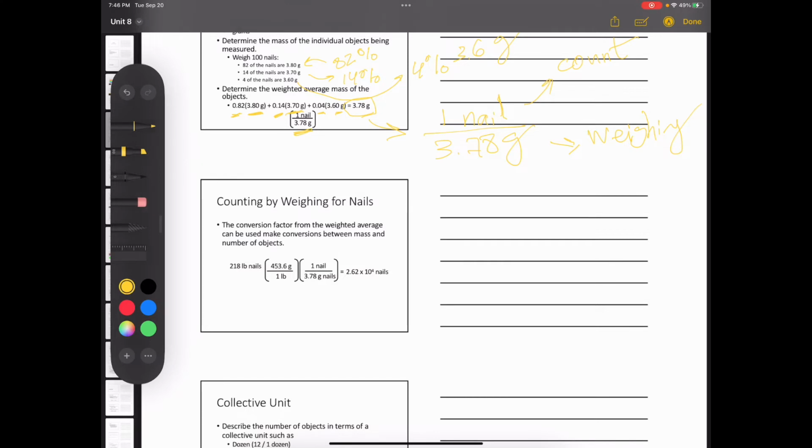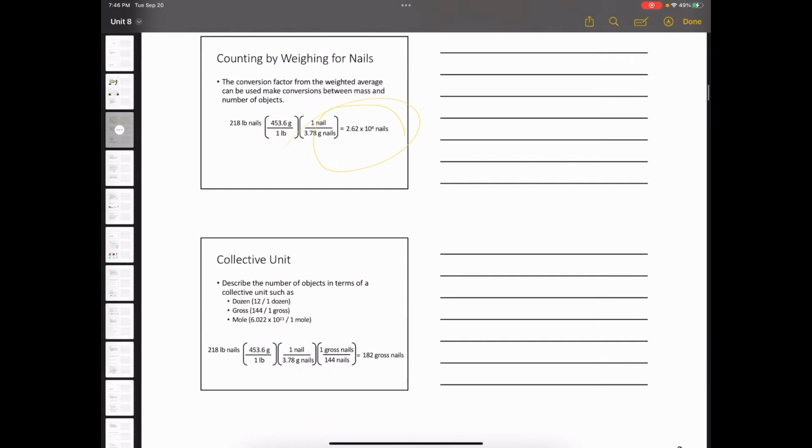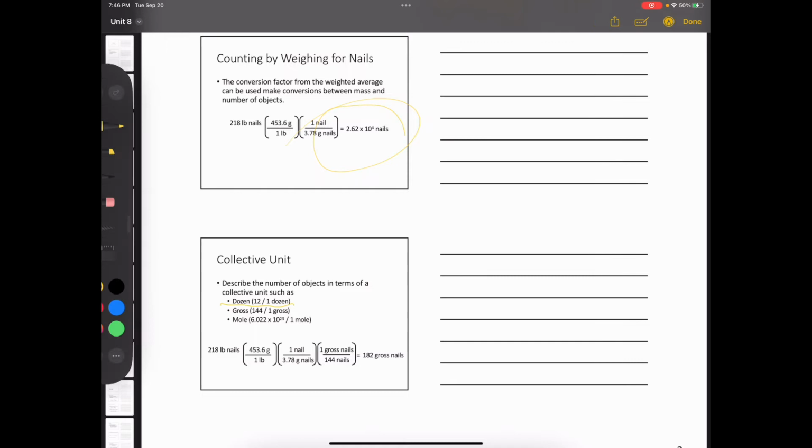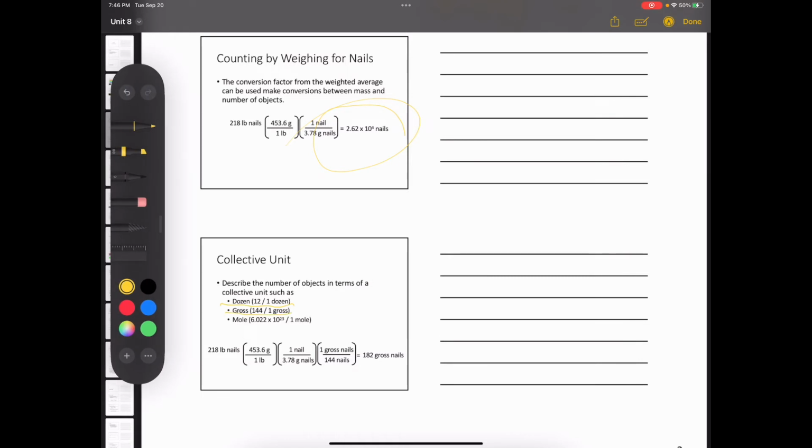So these large numbers, going back to the person at the Home Depot aisle, they're not sure about the 2.62 times 10 to the power 4. That's why we have new terms that we use to represent large numbers.